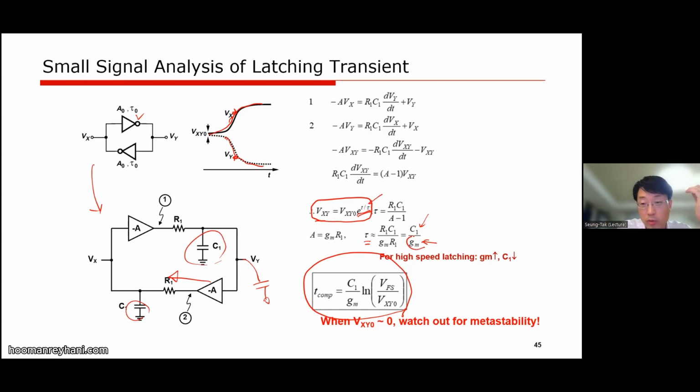And we need to have larger GM to drive the load fast. The time required to reach a certain level is a log function of 1 over the initial voltage. So as we have a very small initial voltage, the time to generate the logic level output difference can require quite a long time, which is called metastability.